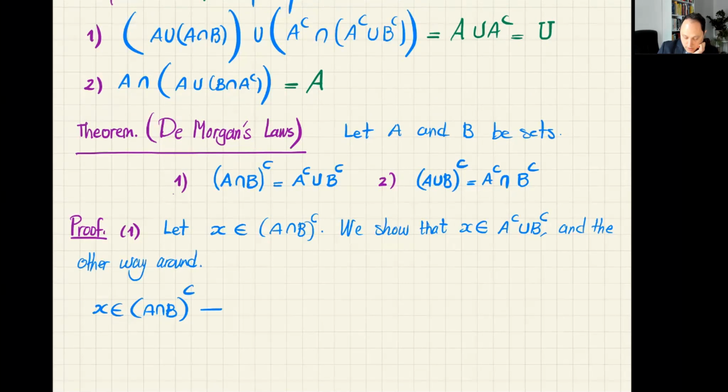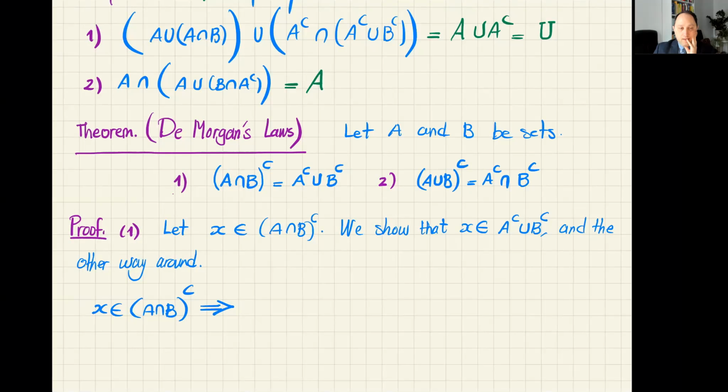Can you tell me, based on your previous knowledge, what is the logical consequence of this assumption? X is in both A and B? No, at least not directly. What you know is that X belongs to a complement. What was the meaning of being in a complement set?